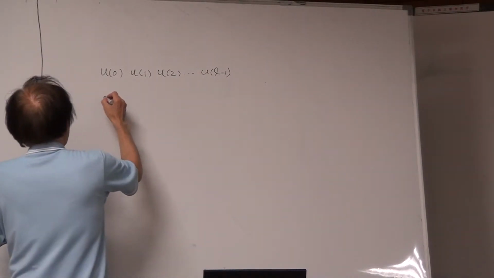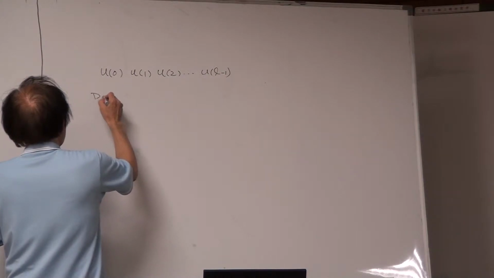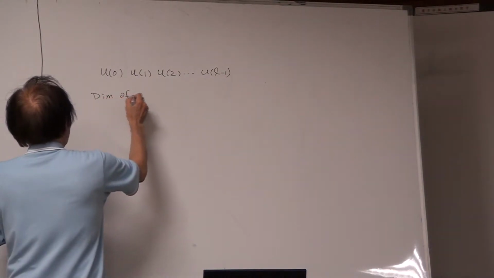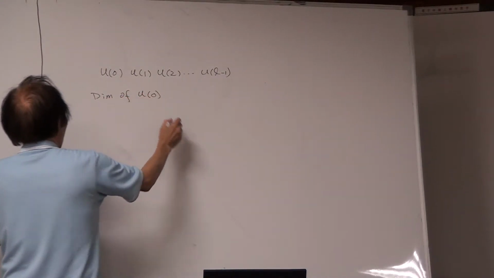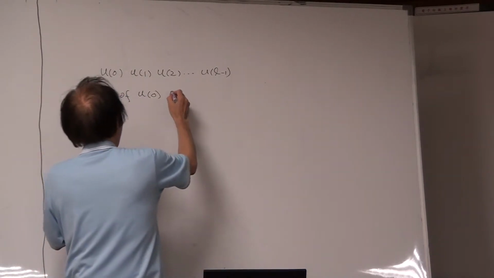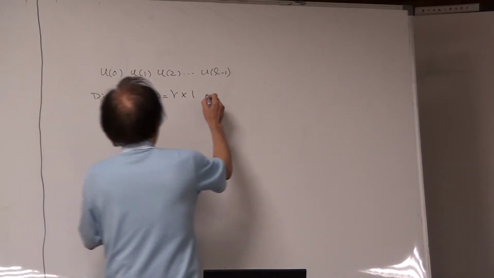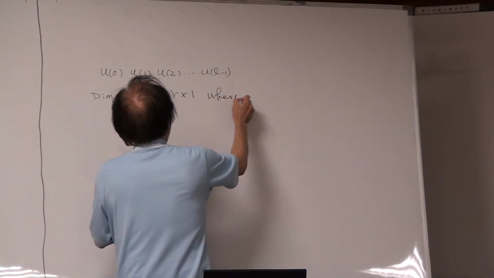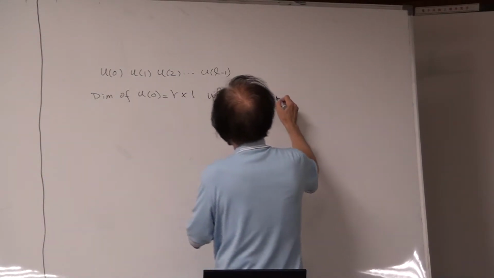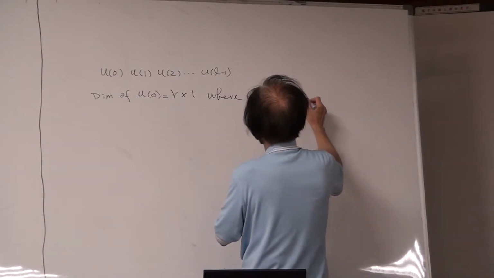So the dimension of U0 will be R by 1, where R is the number of inputs.